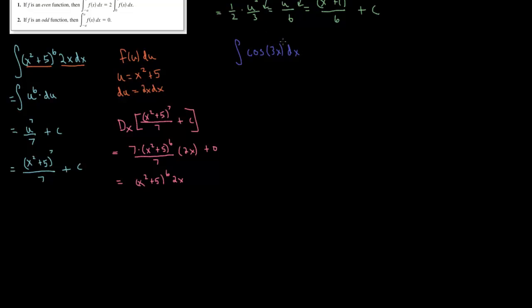So I want it in the form of cosine 3x times the differential of 3x, which is 3 dx. Well, notice I have a dx over here. All I need is a 3. So again, we have that constant multiple rule for integrals that says you can factor in a constant or factor out a constant, whichever you need to do.